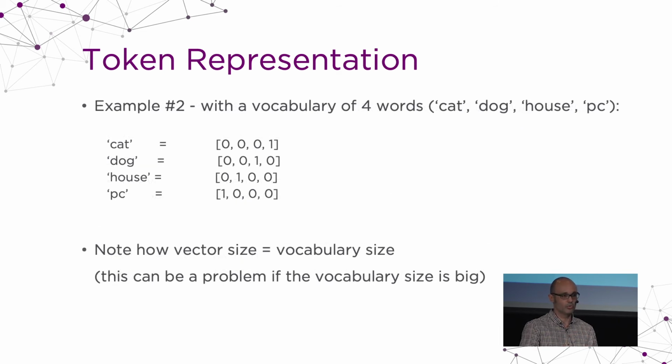Now I have 4 words: cat, dog, house, and PC. And you see that now in order to represent this, I need a vector of size 4. So you get the idea that we have a constraint between the vector size and the number of words, so the vocabulary size. And you have seen that the vocabulary size can become very big in some cases, so this can be really problematic to handle.